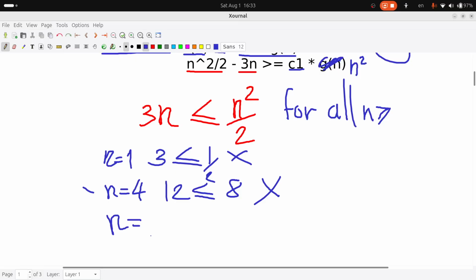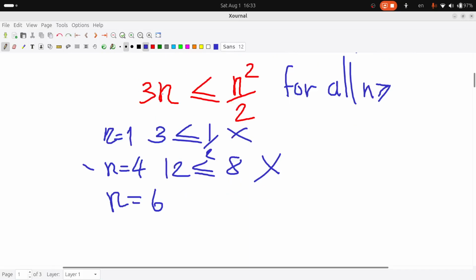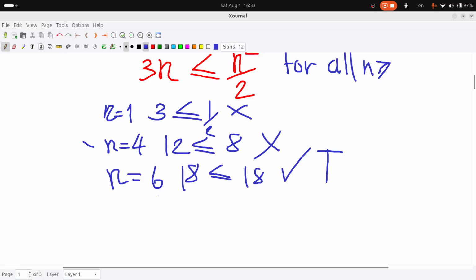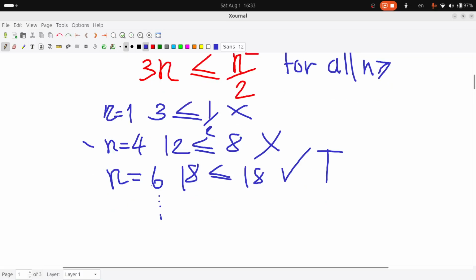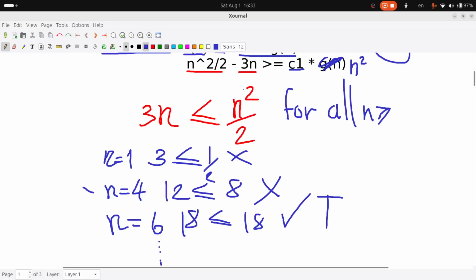So what about 6? 3 multiplied by 6 is 18. 6 squared is 36. 36 divided by 2 is 18. So this is true. And we know that after this point, n is 7, 8, 9, 10, and this inequality will always be true because the function is increasing.